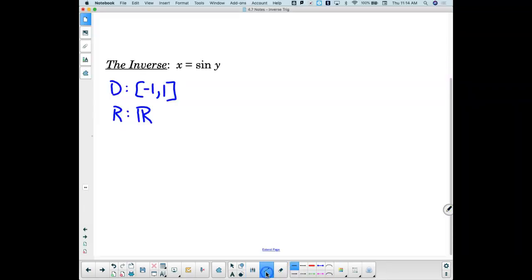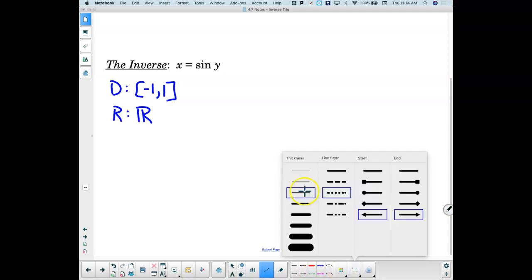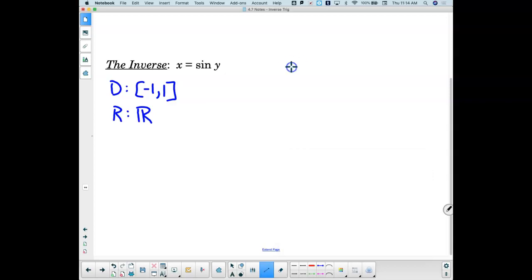So now we're going to go here, here, here, here, here, here, and there. And then when we draw it, it's going to look like that and like that. Because x becomes y, y becomes x.